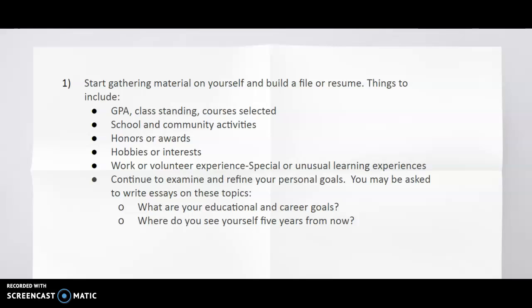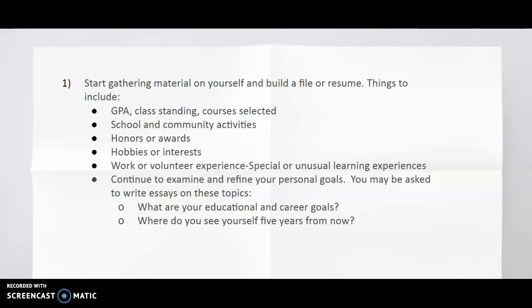I would suggest that you start from 9th grade up and reflect on those years and see what you've participated in, whether you've held an elected position, whether you were a president or you were a captain of something. Those are good things to highlight.